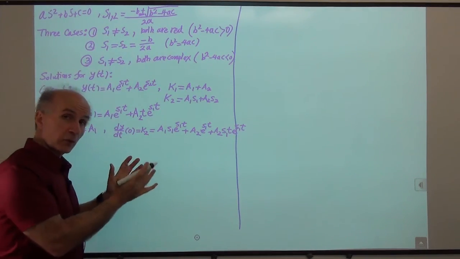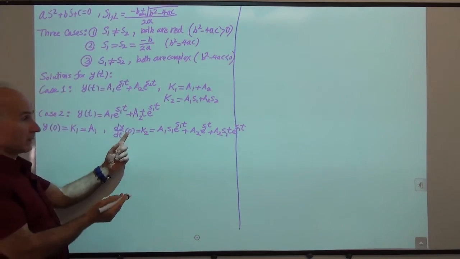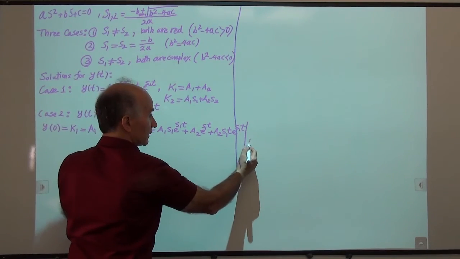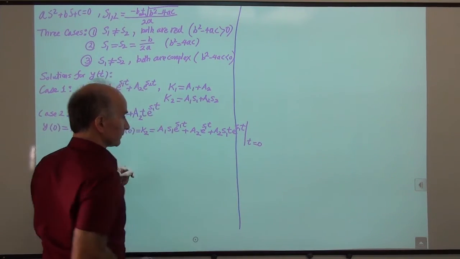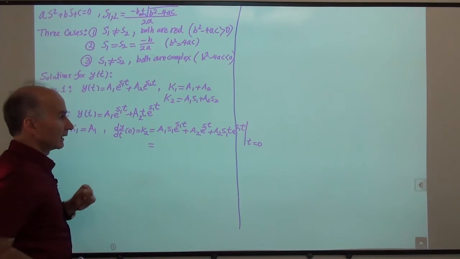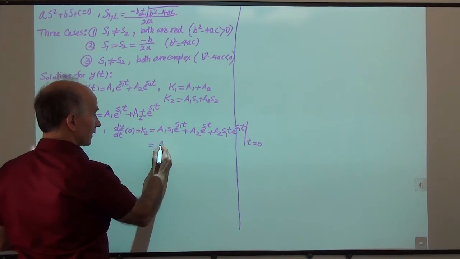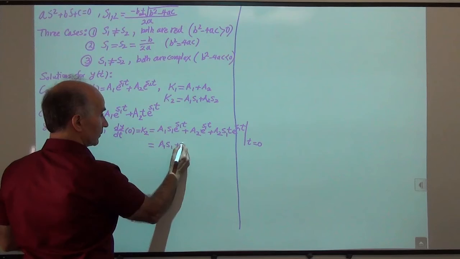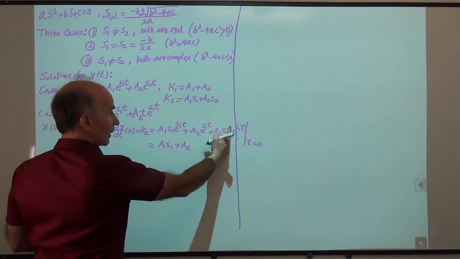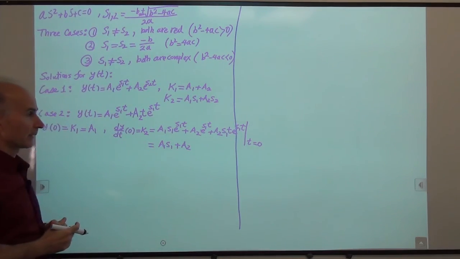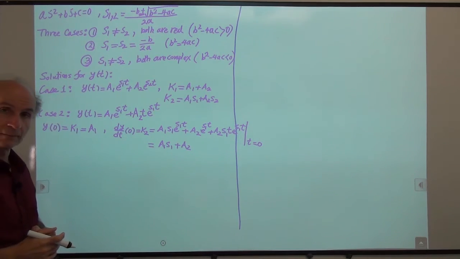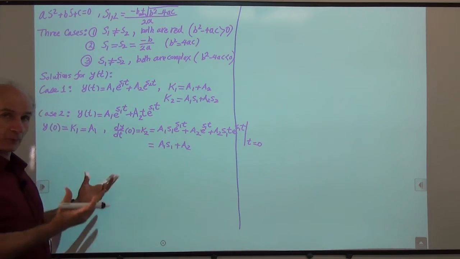Now this whole thing has to be evaluated at time 0. So we'll just write here t equals 0. So how much is that? That's a1 s1 plus a2, and that's gone because there's a t here. So this has to be equal to K2. All right, so that's how we find it.